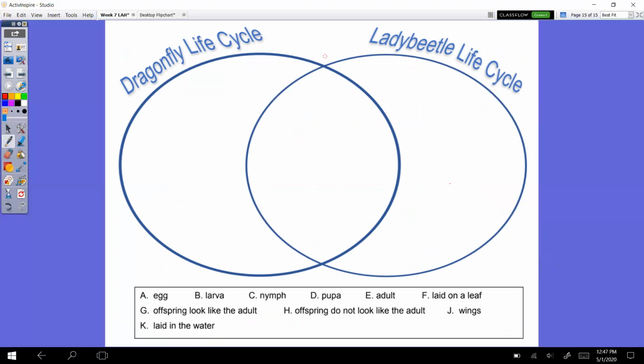Okay, if you notice here, this is where both circles intersect. So this is where we are going to put everything that the dragonfly and the lady beetle have in common. This is where their similarities, say that 10 times fast, their similarities are going to be.